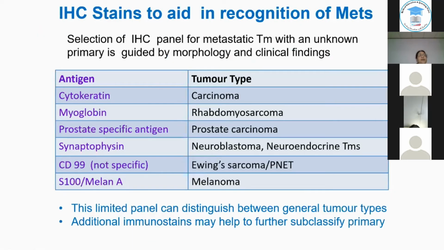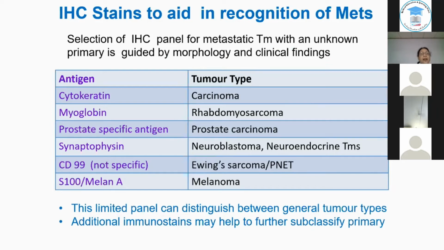So IHC stain may add to recognition of metastasis. The selection of IHC panel with an unknown primary is guided by morphology and clinical findings. So this limited panel can distinguish between general tumor types.